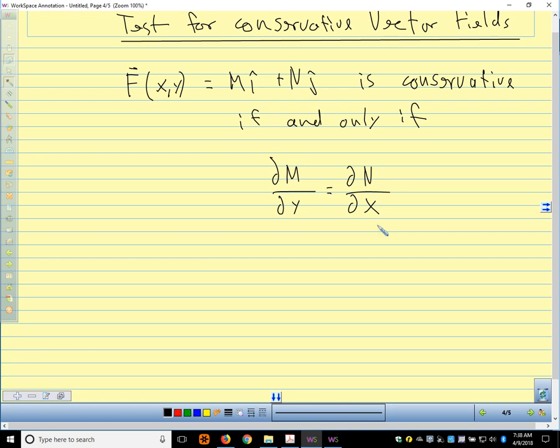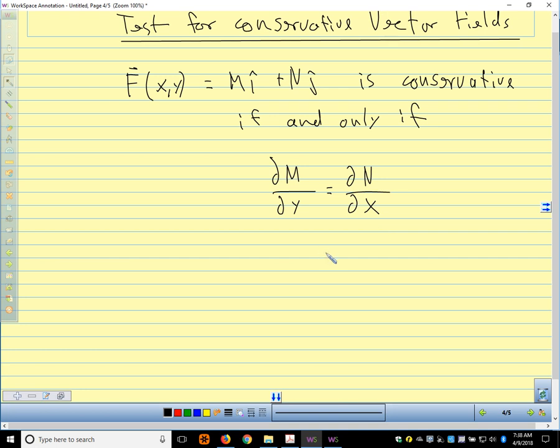Why would that be? These are the mixed partials, right? This is the partial of our potential function with respect to x, and then this is the partial of that thing with respect to y. This is the partial of the potential function with respect to y, and then that's the partial of that thing with respect to x.